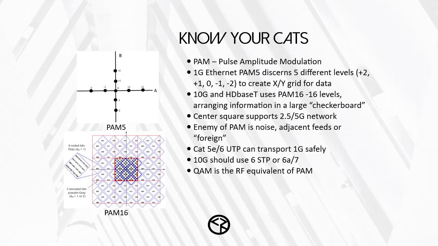Now, the enemy of PAM is noise, either caused by adjacent feeds of wiring or foreign noise that's coming from some other source. Now, Cat5e and 6 can transport 1 gig signals relatively safely.